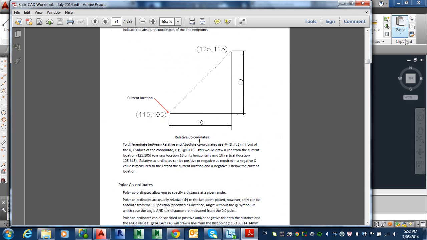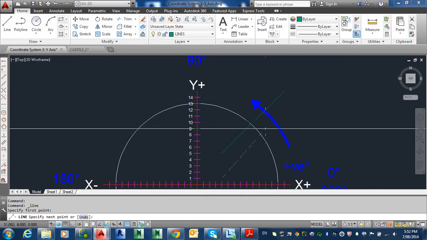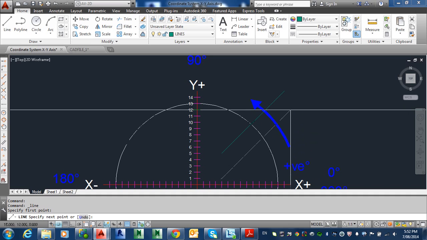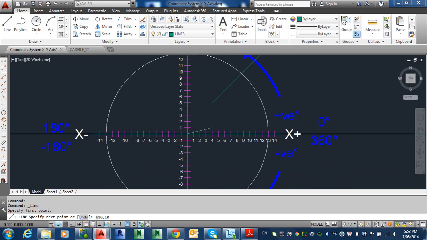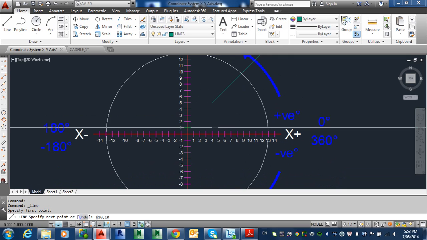Okay. So what I've done here is I click somewhere, and what I'm going to do now is put the at sign in front of it and type 10,10. So I'm going 10 in the X and 10 in the Y. But because I put the at sign in front of it, it's not counting from 0,0, which is all the way down in the middle there. It's actually starting to count from here.